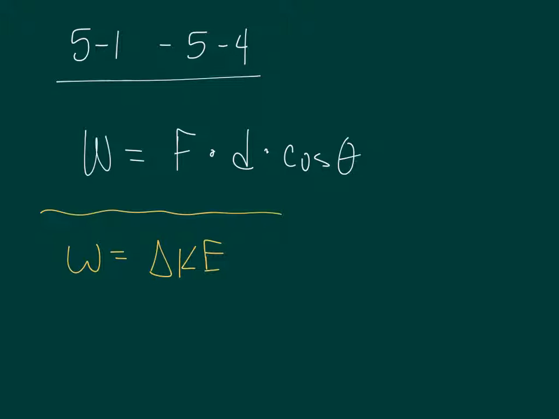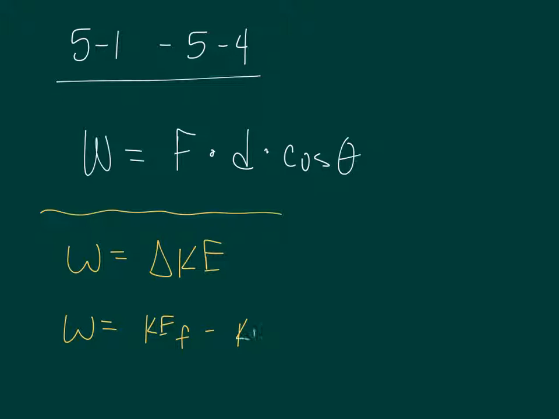The concept is this. If we're given some knowledge about velocity and mass, and we can see that there's a change in that velocity, we can easily calculate the work done simply by doing KE final minus KE initial. Okay, so this is the formula you're given, but this is what you should remember.